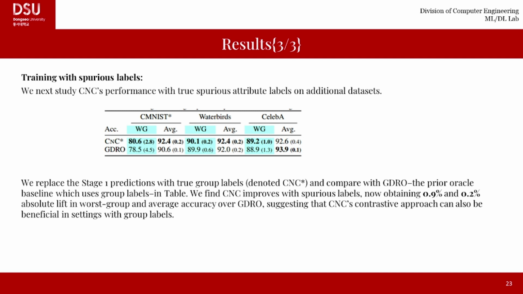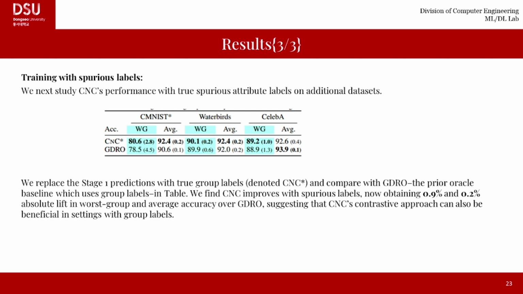With the next study of CNC performance, we choose spurious attribute labels or the additional data set. We can see the CMNIST stage 2 model accuracy with the noisy stage 1 prediction, and CNC is more robust than the SSL to the increasing noise of P. So basically, they replace the stage 1 prediction with the group labels and compare with the GDRO, the prior oracle baseline, which uses the group label in the table.